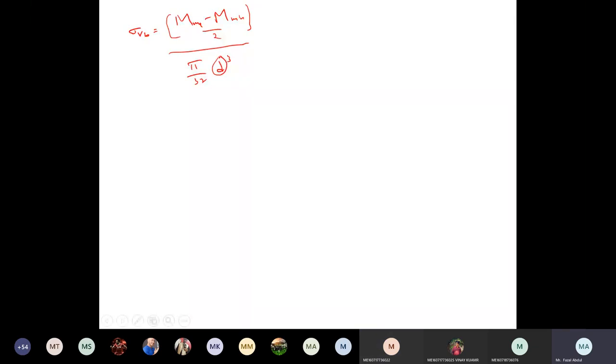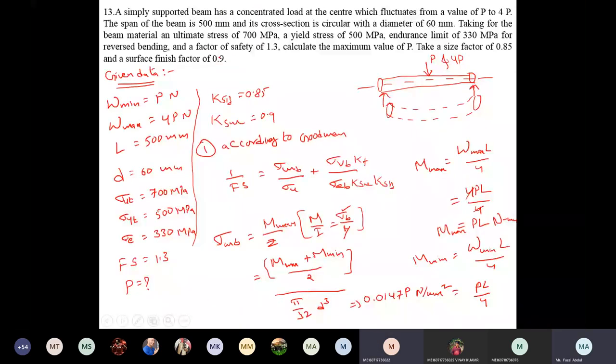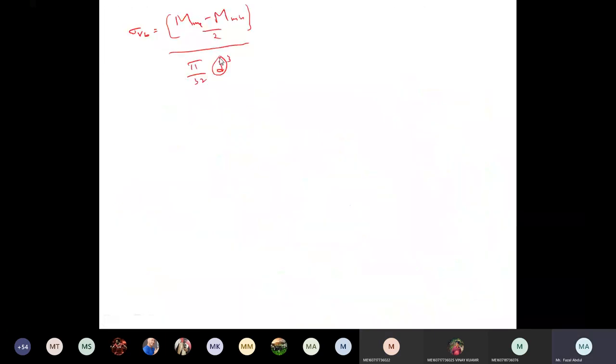How much is this? 0.00884 P Newton per mm square.